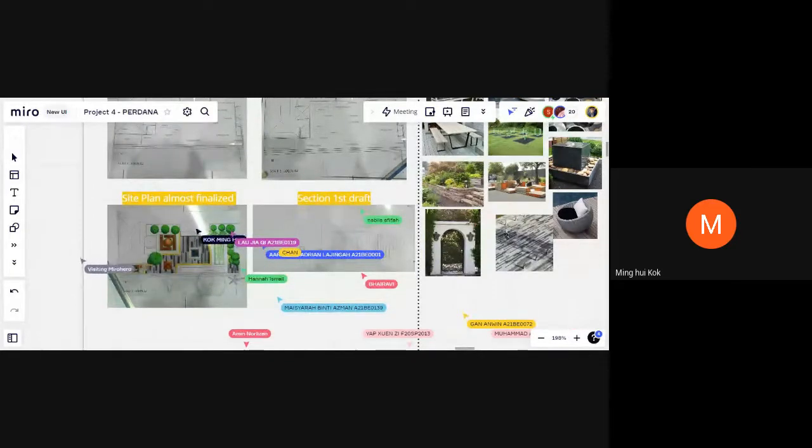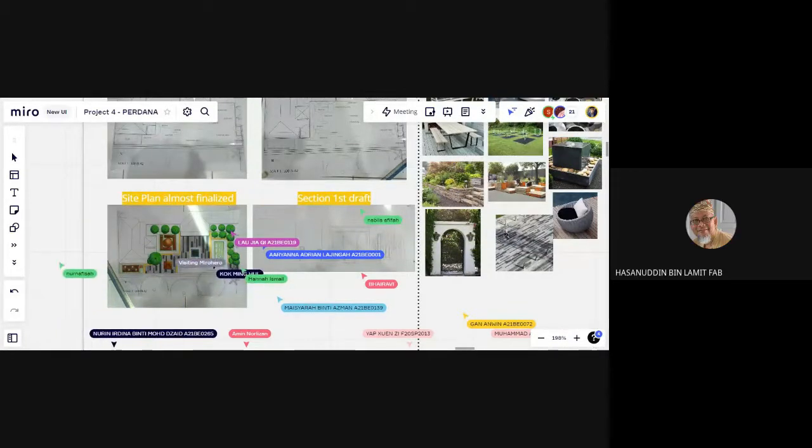The first entrance here, when I go in, I can go directly to the gathering area here. Actually, this is the outdoor classroom. So I can go here for my learning. And from this entrance, I can go to my exercise and also enjoy my view.